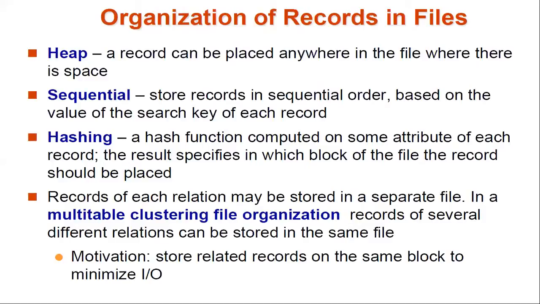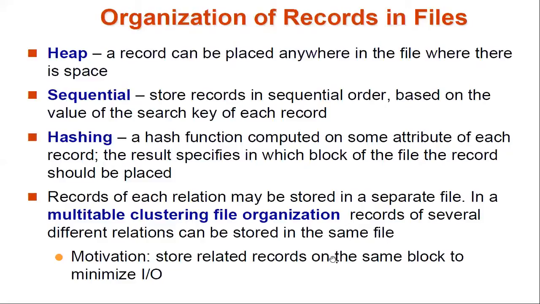So that flexibility we have in this type of multi-table clustering file organization. Based on certain conditions, based on certain values, you are going to do grouping. Based on the grouping, you will be saving your records in multiple files. So records of several different relations can be stored in the same file, right?